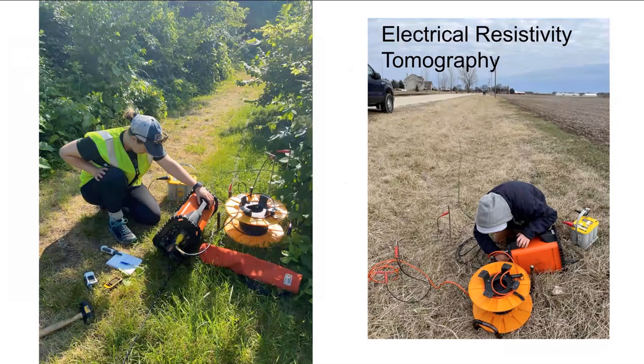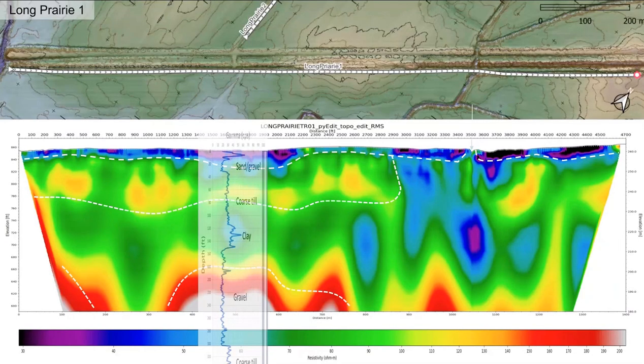We can also use electrical methods where we put out a bunch of stakes in a profile and we connect them with wires and we run electricity through it. And we come up, again, this is along Long Prairie Trail, and we can come up with these pictures of electrical properties of what's below ground. And we can correlate those with borings that we have.